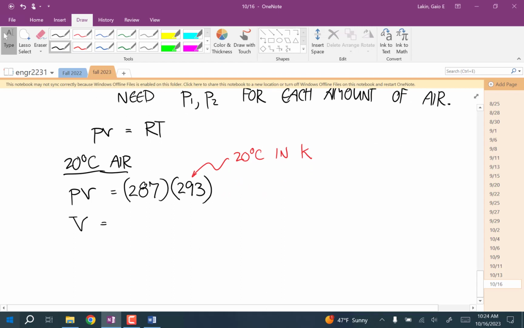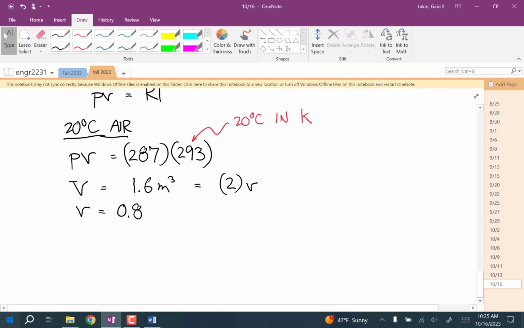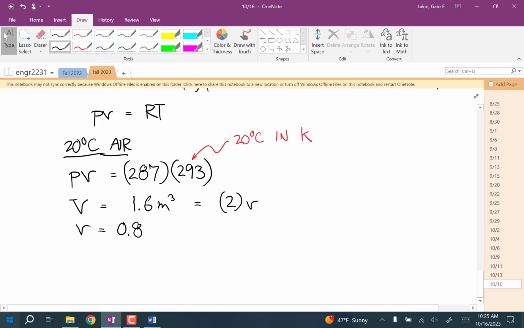The volume of the 20 Celsius air is 1.6, and that's equal to the mass times the specific volume, and so the specific volume is equal to 0.8. And so 0.8 P is equal to 287 times 293.